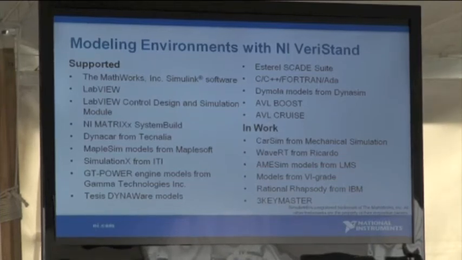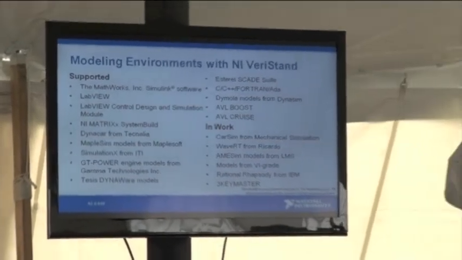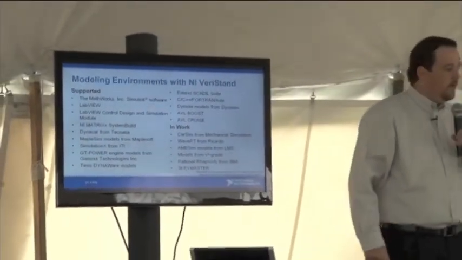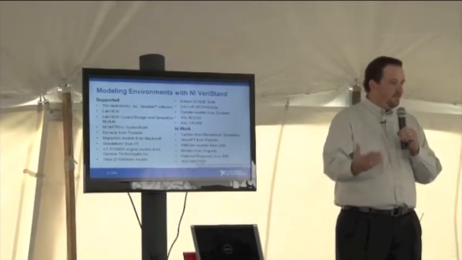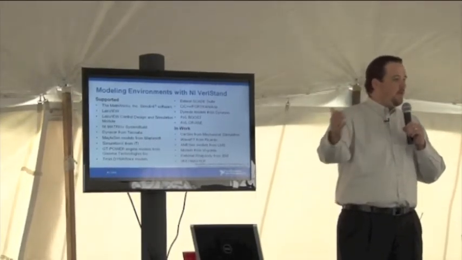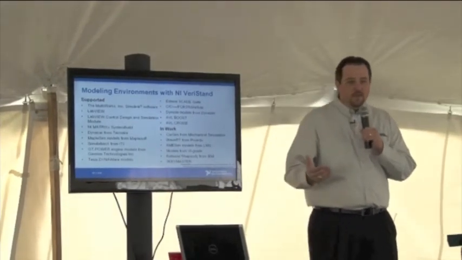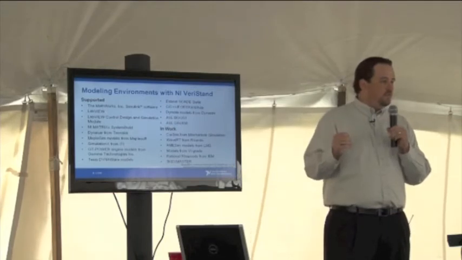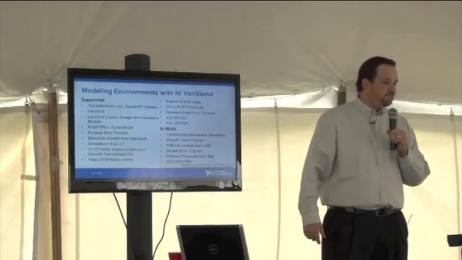And so we've got a really well worked out process for bringing those models in from any environment on this list you see here, and linking them to real-time I/O, to user interfaces, and enabling this real-time simulation interacting with the real world. And so with the addition of Inertia to VeriStand, now we bring the control that's necessary to implement the mechanical portion of that simulation.